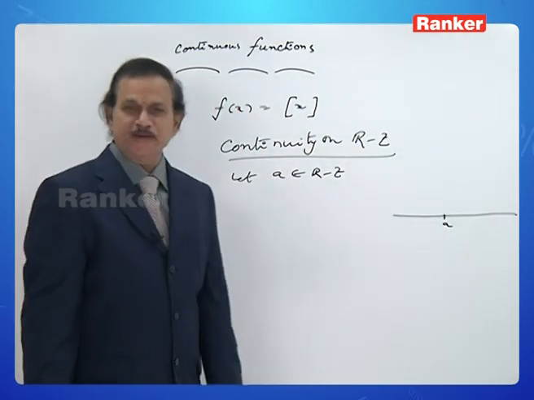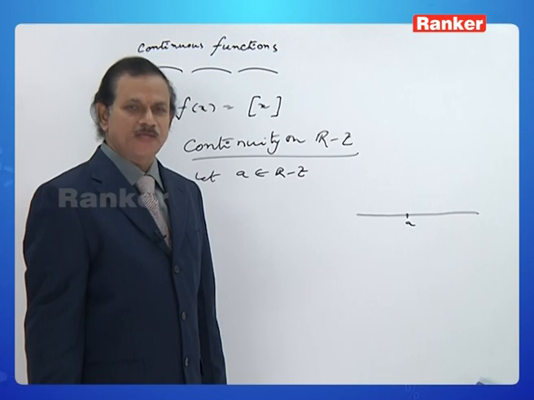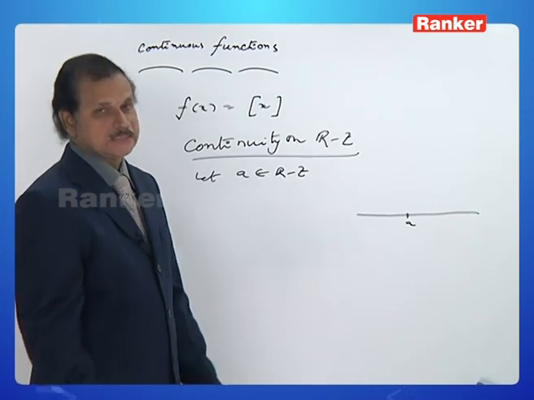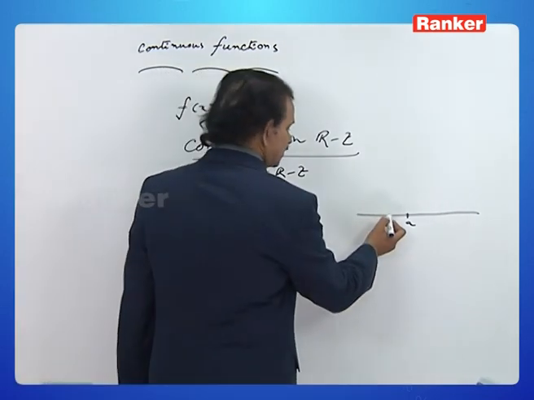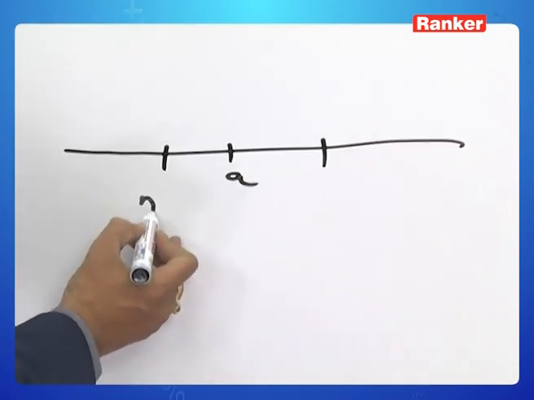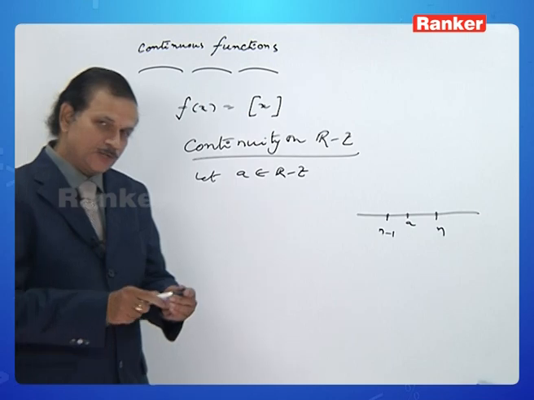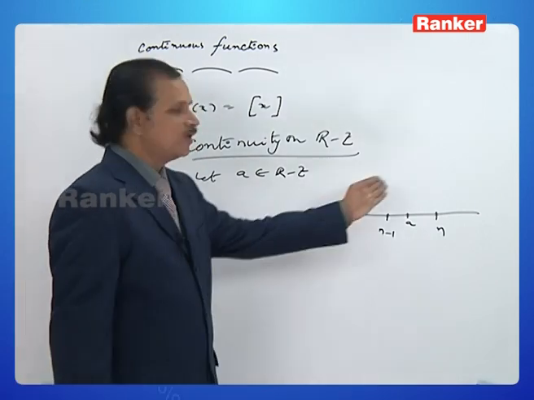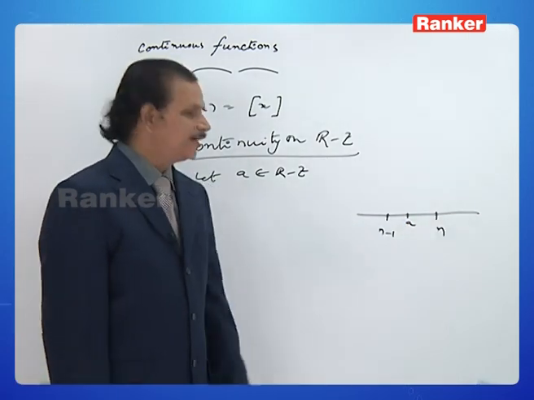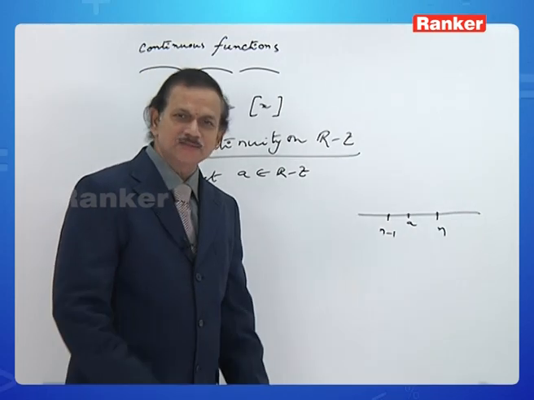Even though a is not an integer, as it is a real number, it is supposed to lie between two integers, say n minus 1 and n. Automatically, the integral part of a is n minus 1.